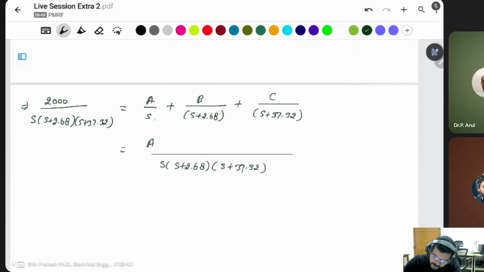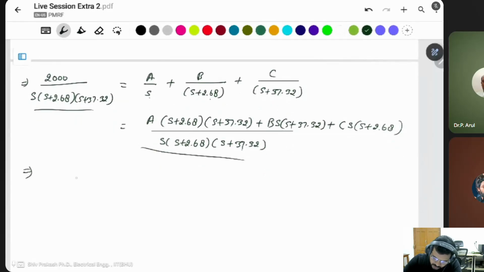What is this one? s only cancels, the remaining thing is s plus 2.68 and s plus 37.32, plus B. This cancels out, only these two are multiplied, s plus 37.32, plus C. This thing cancels out, this will be s times s plus 2.68.